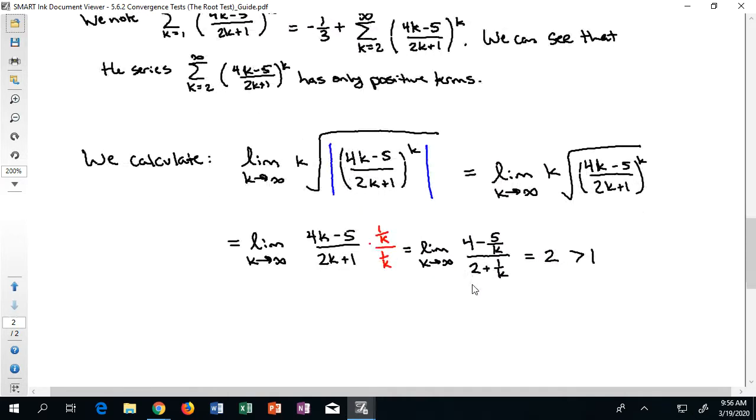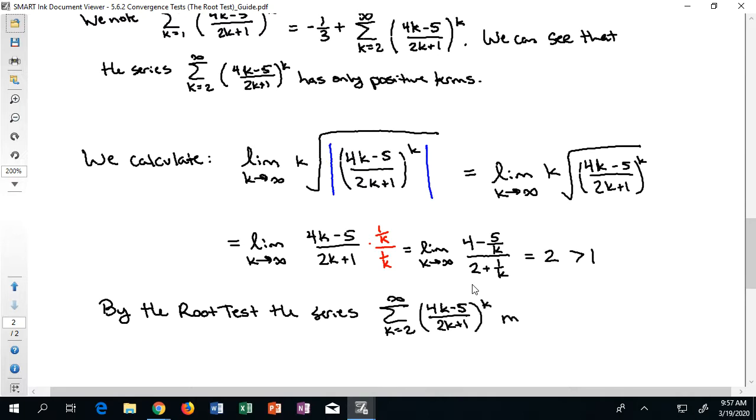So I have to be careful with my conclusion here. I can now say that by the root test, the series that starts at 2 must diverge.